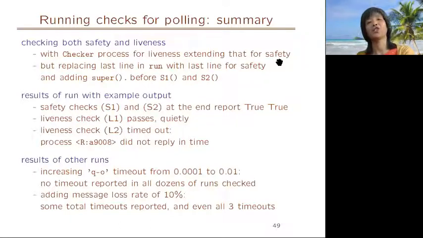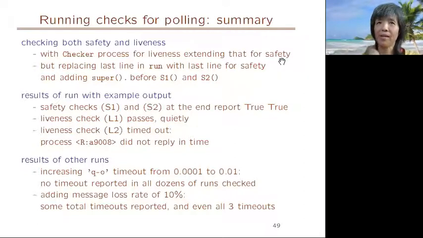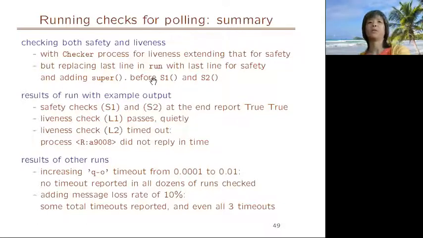And all I did is to change the last line, which for the safety program, it checks at the end, prints S1, S2. For the liveness check, we didn't print them. So I just used the previous ones, they print out S1, S2. And here I have to use a super because those S1, S2 are defined in the checker process for safety check.